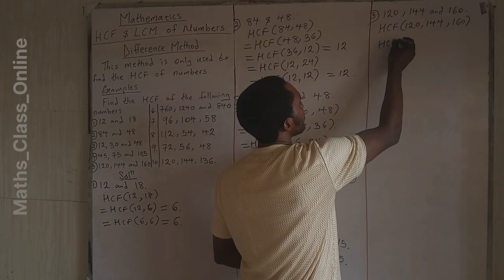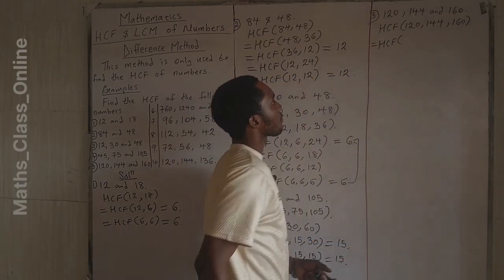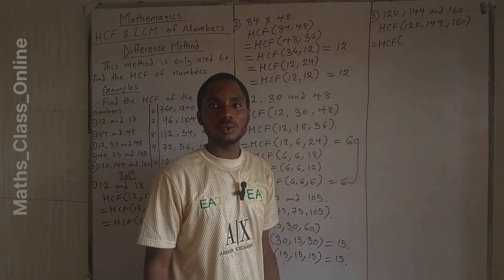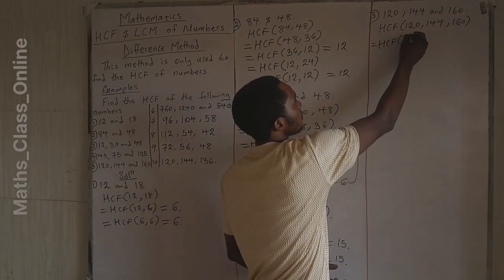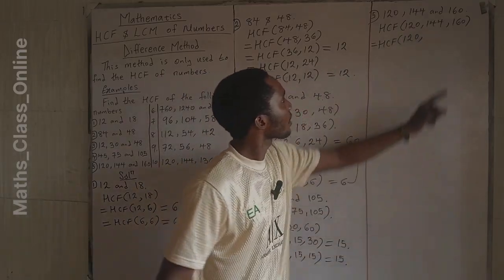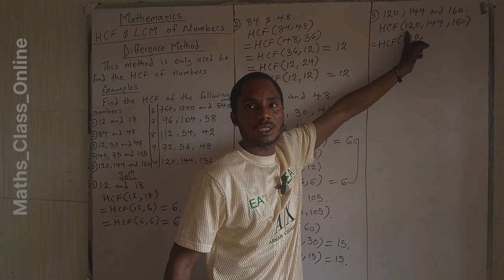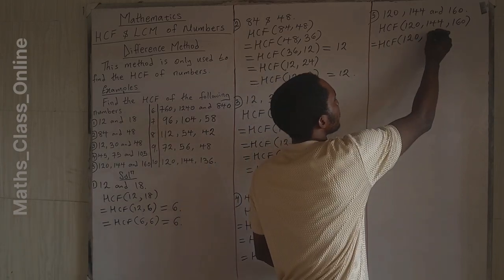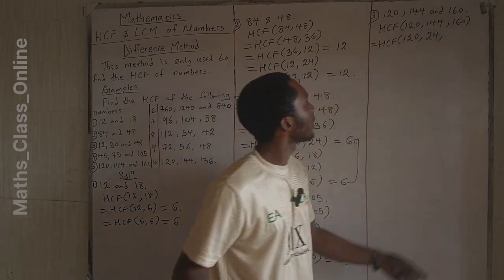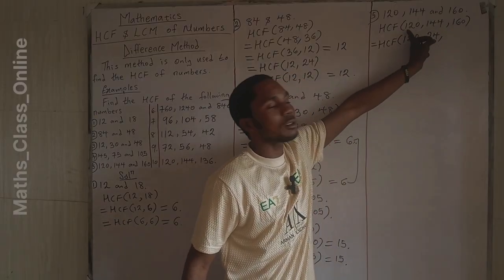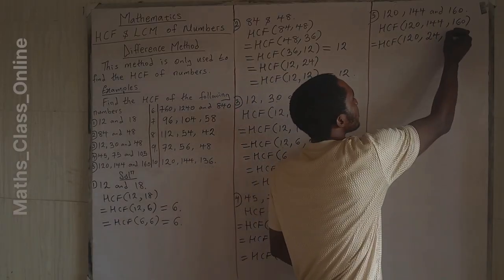This is equal to, the least number we have here is what? 120. 144 minus 120, that is what? 24. 160 minus 120, that is 30.